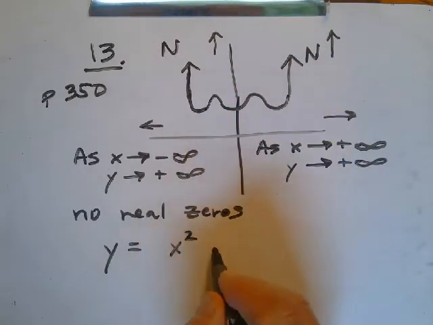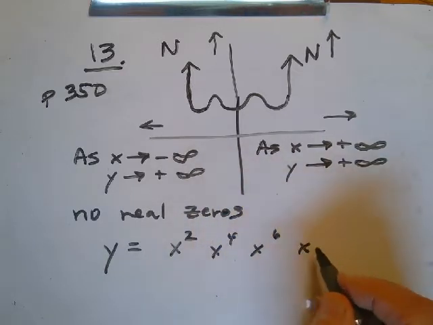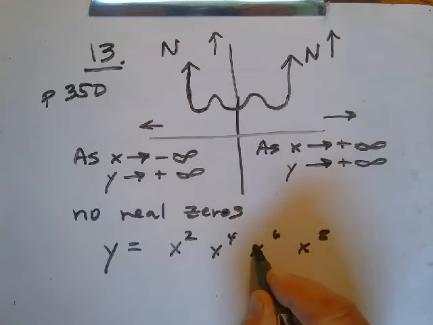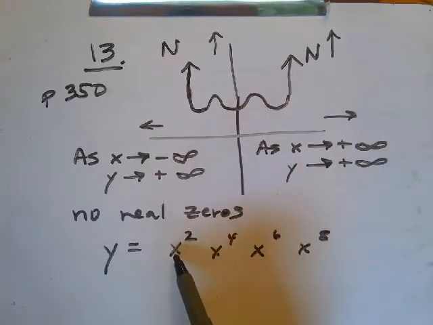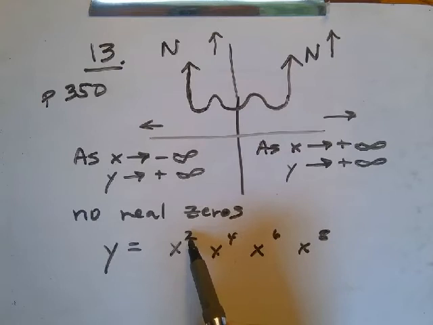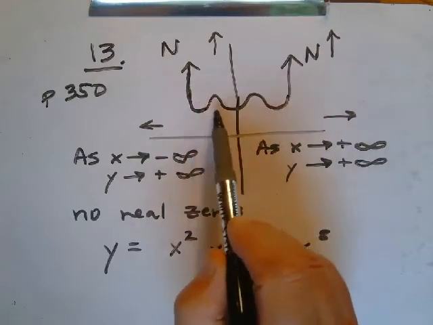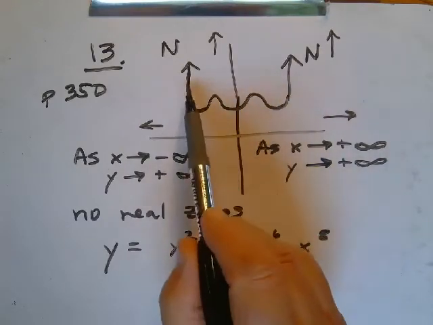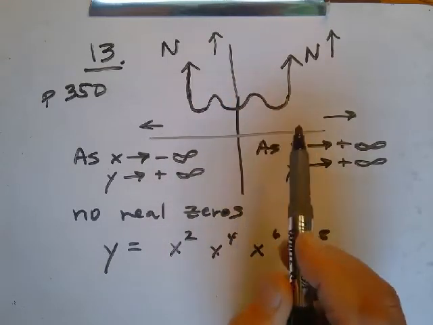So it's either x to the second, or x to the fourth, or x to the sixth, or x to the 8th. Now, it could be any of these except for the fact that we know that x to the 2nd is a parabola and it only has 2 zeros. Well, if this had any zeros, it would have more than that. Plus, I can tell by the number of bends here that it's got to be higher than 2.